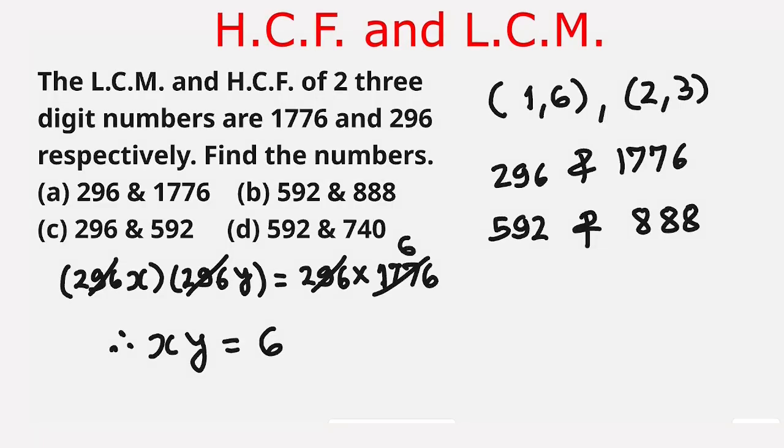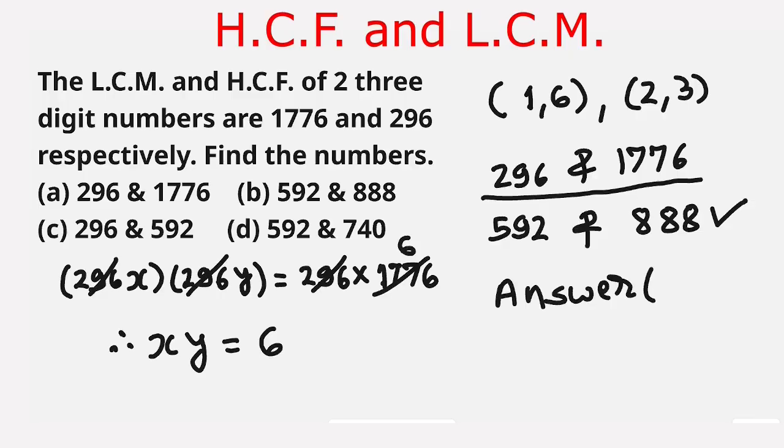We cannot accept 296 and 1776, as 1776 is not a 3-digit number, and as per the question both the numbers must be 3-digit numbers. So we accept 592 and 888 as both the numbers are of 3 digits. And from the given options, our answer is option B, 592 and 888.